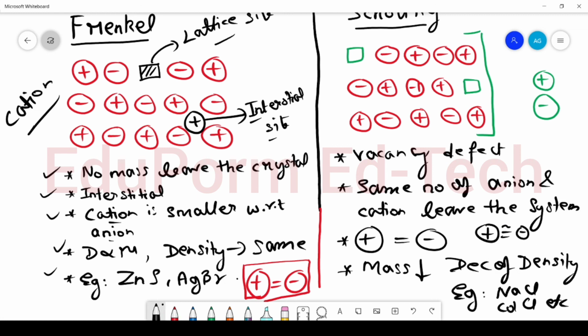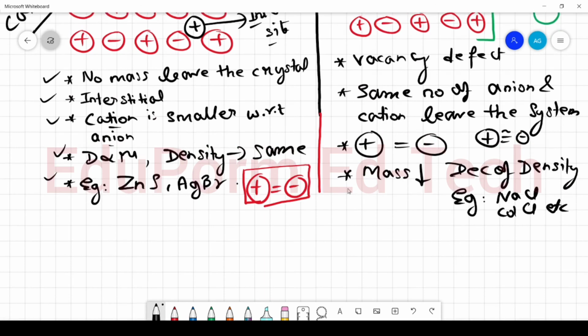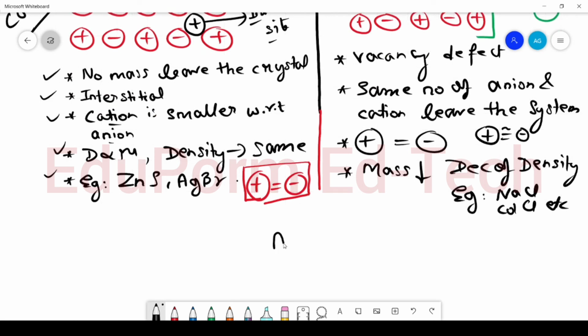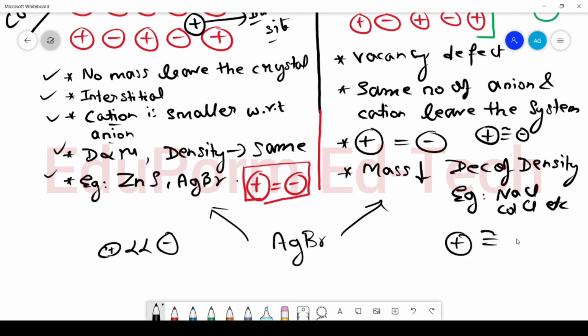And one very important point is that AgBr, silver bromide, shows both Schottky defect as well as Frenkel defect. Frenkel defect is shown when the cation is smaller as compared to the anion, whereas Schottky defect is shown when the cation and anion are nearly equal in size. They will not be perfectly equal but nearly equal in size.